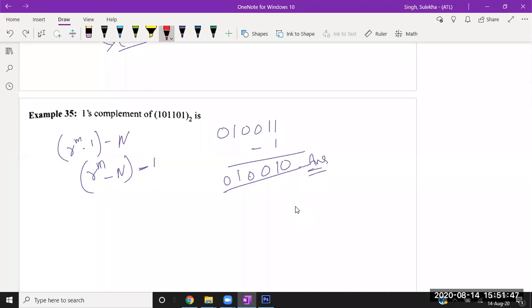What you need to do is just reverse all the numbers, 0 by 1 and 1 by 0. If you do this reversing, in this case, it will become 0, 1, 0, 0, 1, 0 base 2, and you can see that these two numbers are identical. So for calculating one's complement, you need to reverse the bits. Is that clear? If it is clear, write yes in the chat box.